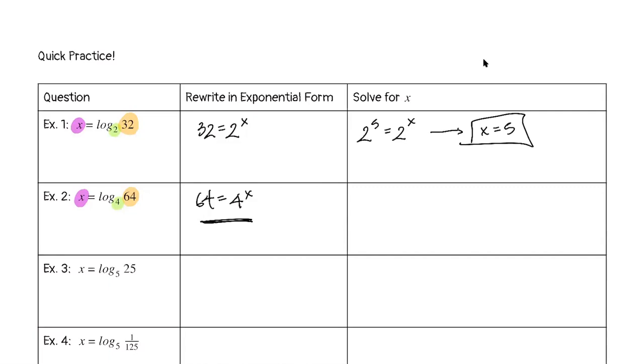They just want to know, do you also understand that logs are asking you for the exponent in a fancier way? So 4 to what power is the same as 64? Four to the third. Yep, 4 to the third equals 64, so x equals 3.